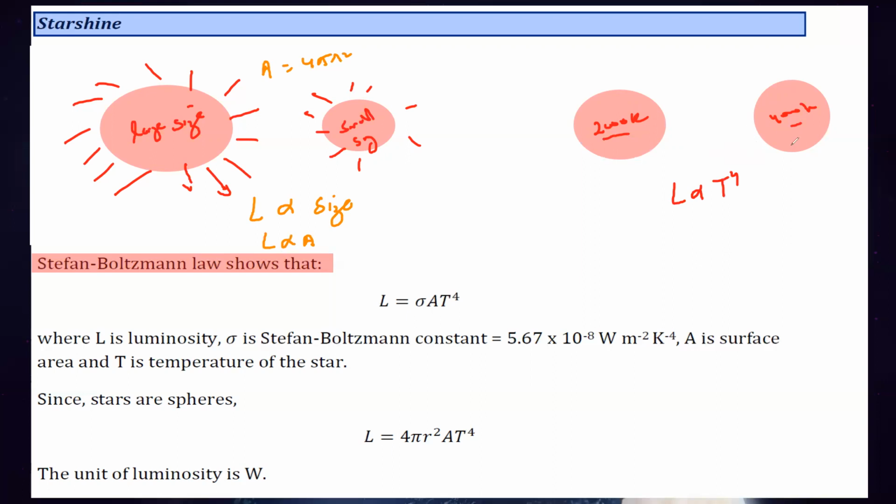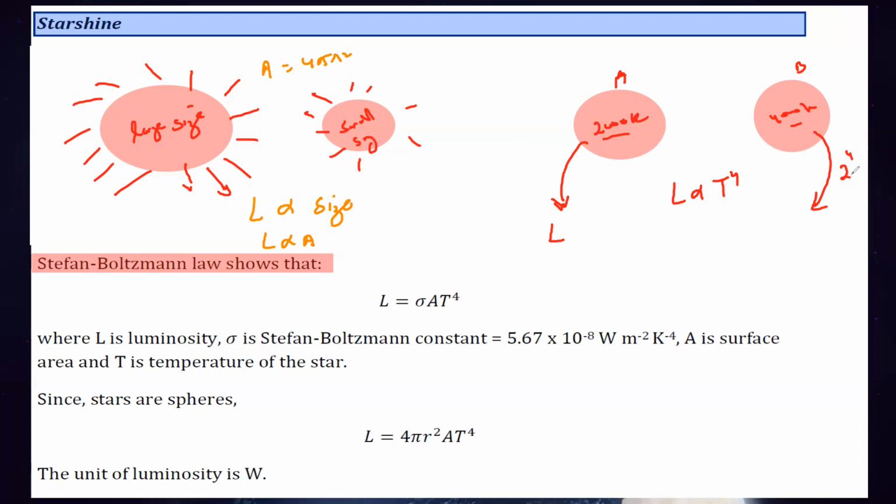When we compare the temperatures, the temperature of star B is double that of star A. So if the luminosity of star A is L, the luminosity of star B, because the temperature is double, will increase by the fourth power of the factor.